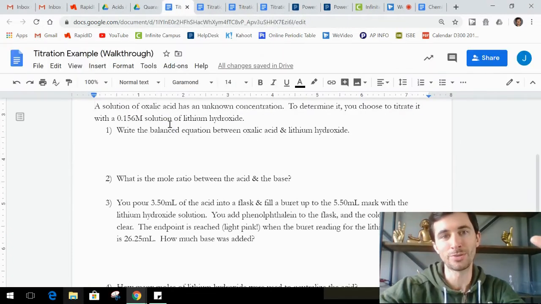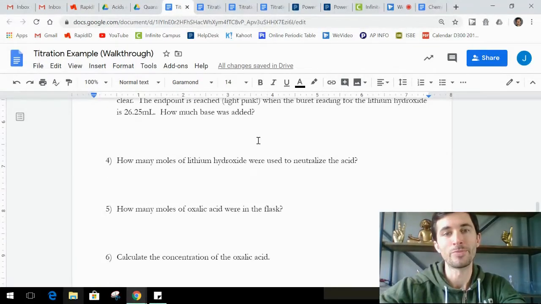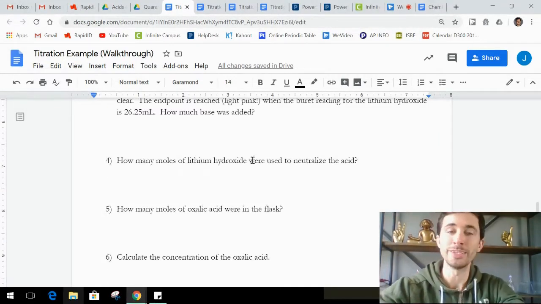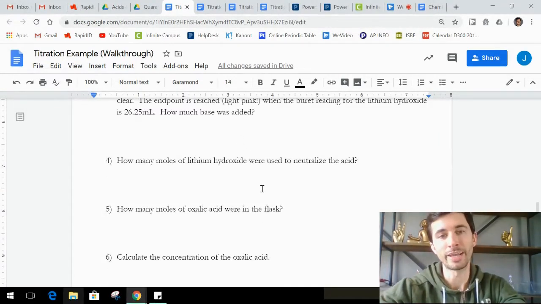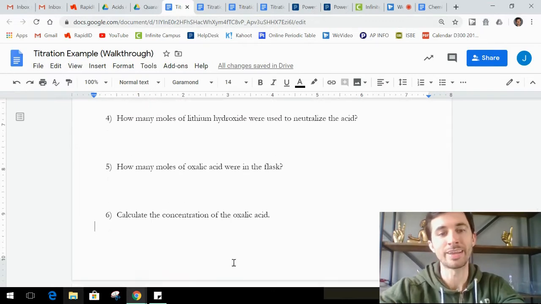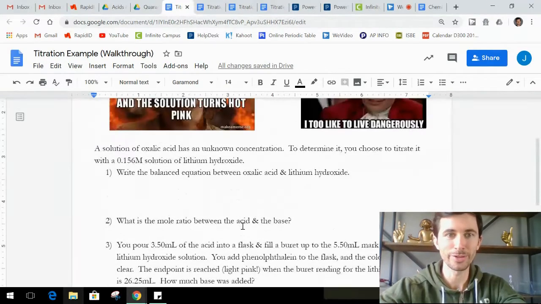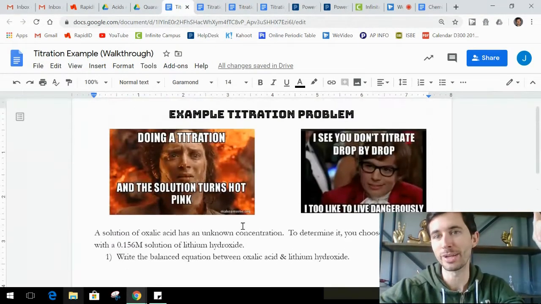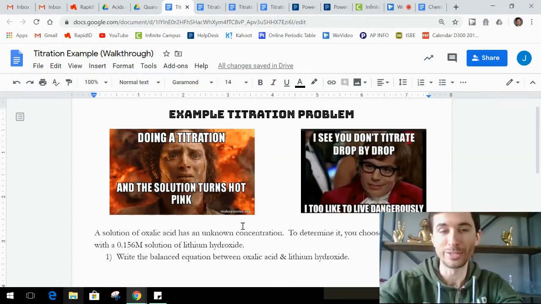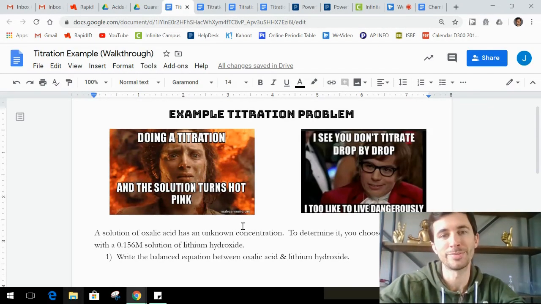But you still need to go through this process of writing the balanced equation, figuring out your mole ratio, finding out how much base was added if you need to, and then finding out your moles of base and acid, and then concentration of the acid. It's a pretty long process, and I wish we were obviously in class for this, but this is what it is.